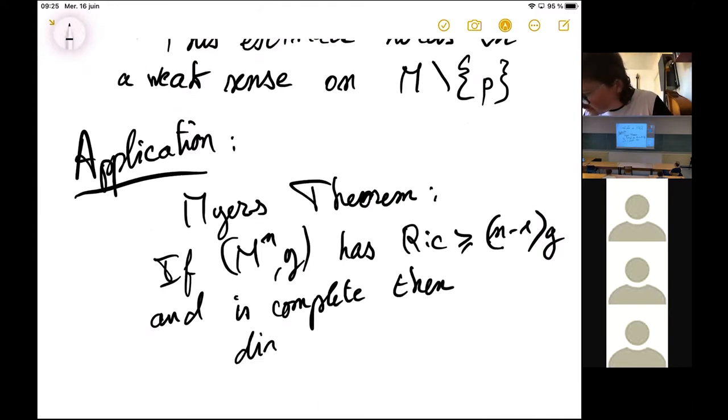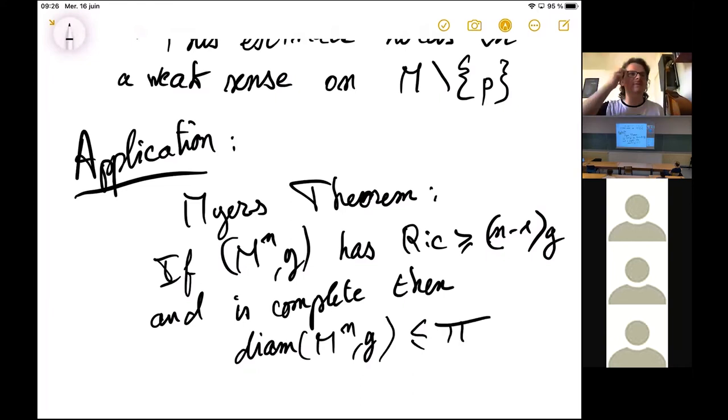Then the diameter of M, g is less than the diameter of the sphere, which is pi. So this might be one of the easiest comparison geometry theorems. If I'm more curved than the sphere, then my diameter is less than the diameter of the sphere.